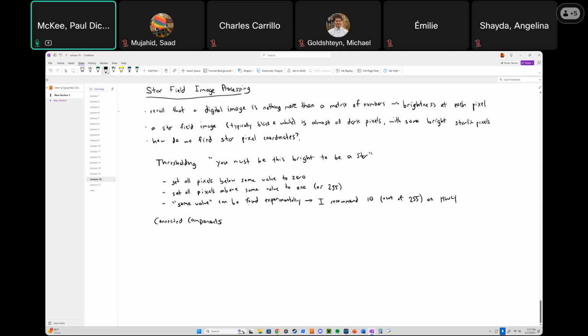And the idea of connected components is find all clusters of bright pixels that are touching one another. And can enforce size constraints.